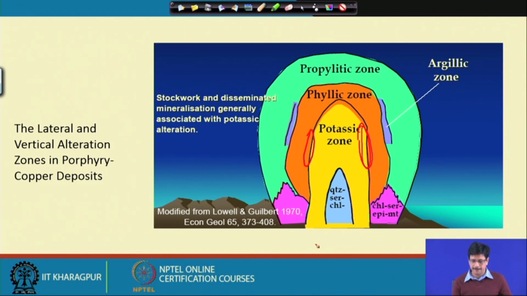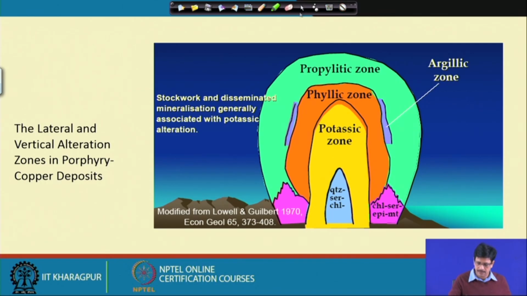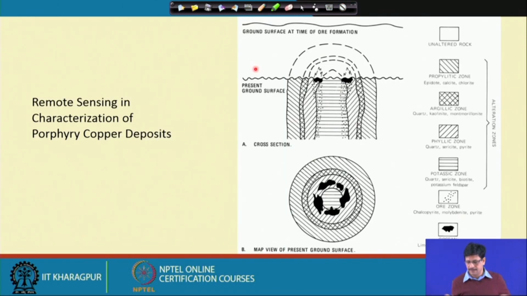So, if this particular deposit is weathered or exposed to the surface, just the alteration zone like this is a schematic diagram of that. There is a porphyry copper deposit and suppose it is altered now, and this is the present surface exposed.